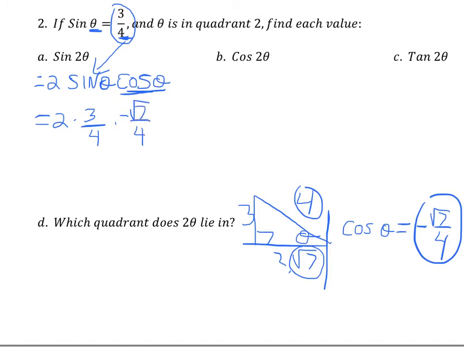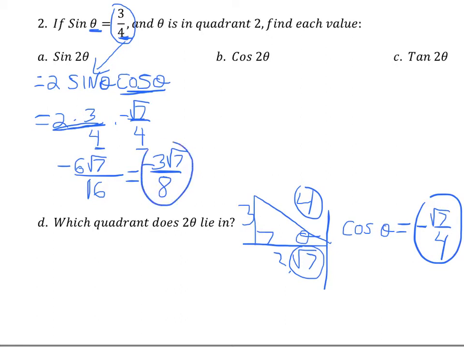If I multiply these, 2 times 3 gives me 6, and on the top I get negative 6 root 7. And then the bottom I get 4 times 4, which is 16, and negative 6 root 7 over 16 reduces to negative 3 root 7 over 8. So the double angle for sine is negative 3 root 7 over 8.